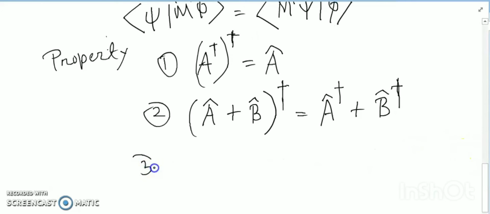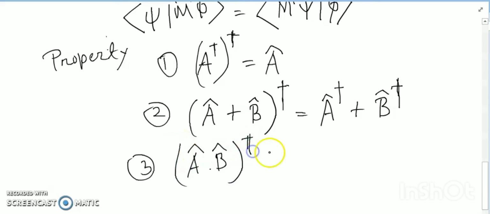Number three, the Hermitian adjoint of a product of operators is calculated by switching their order and taking the individual Hermitian adjoints.